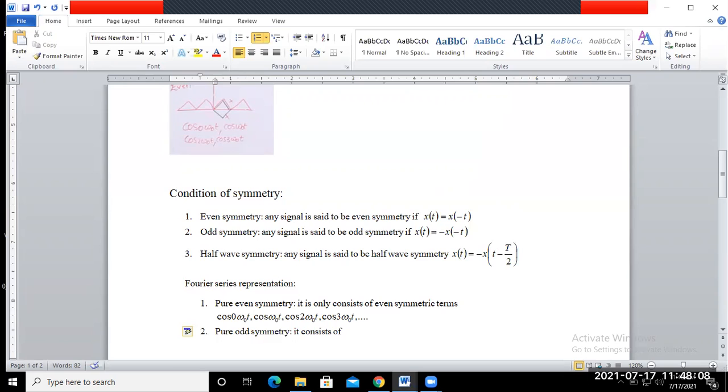It consists of all the sine components. That means if you put sin 0, that is 0.